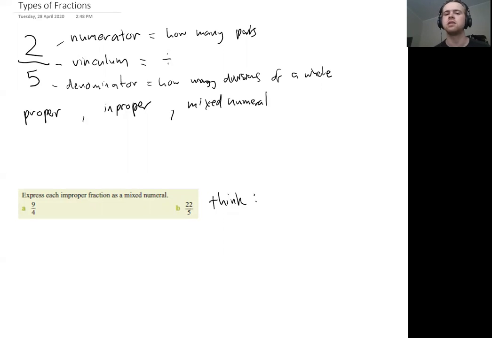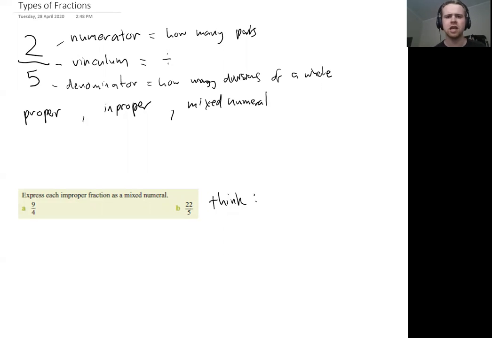So that denominator tells us how many divisions of a whole we've made. The top number tells me how many parts I have. So if I've got 2/5, then I've got 2 parts of a whole that's been divided 5 times. We're going to work a lot more with fractions, so hopefully that clears things up later.